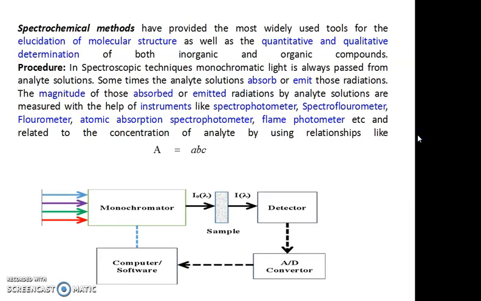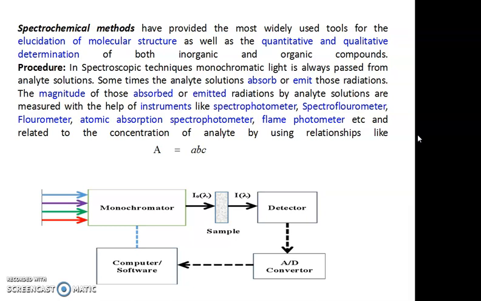What is done in the spectroscopic method? In this method, whatever the molecule is, whether it is an inorganic or organic molecule, it is put in the path of monochromatic light, and in that process the molecule either absorbs or emits certain radiations.